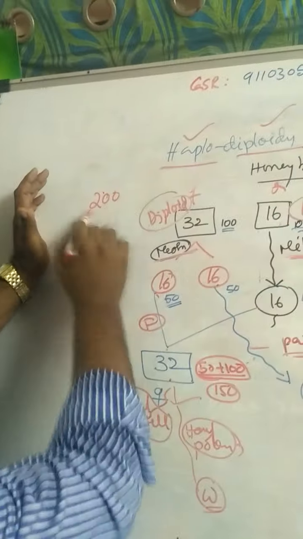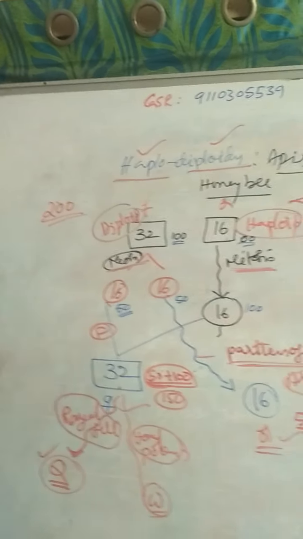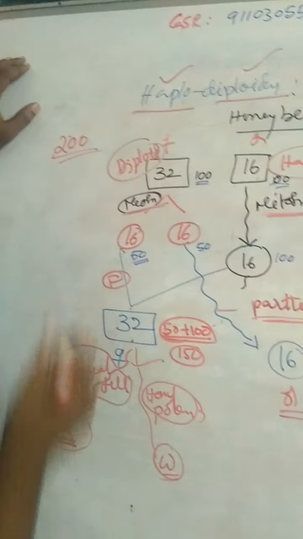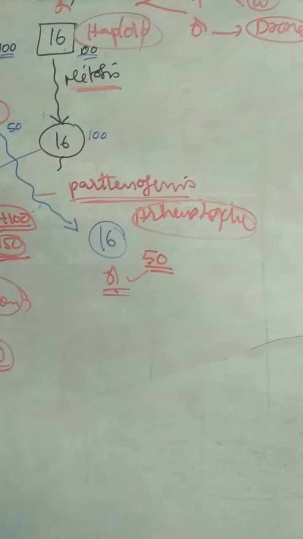So the total number of genes is 200. Females receive 150 out of 200 and male drones receive only 50.